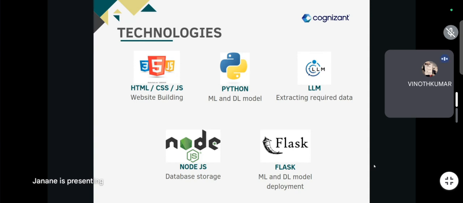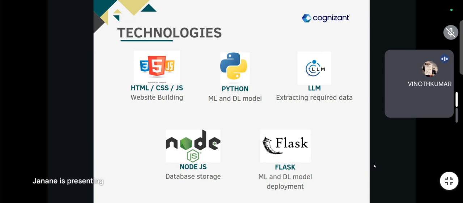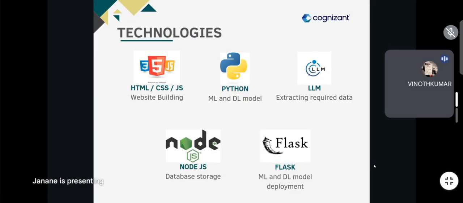Then we have used Node.js, which is for database storage. Node.js is utilized for server-side scripting, enabling the backend to handle requests, interact with the database, and manage data storage efficiently. It stores the claim records, model predictions, and user interaction data in a database which can be accessed or updated in real time. Then finally, we have used Flask, which is for ML and DL model deployment.